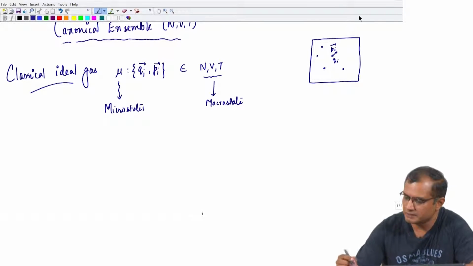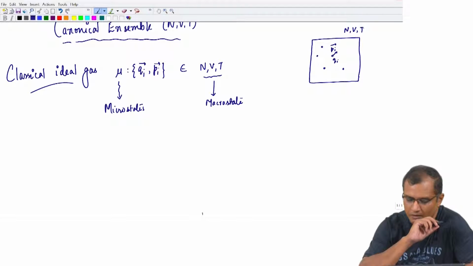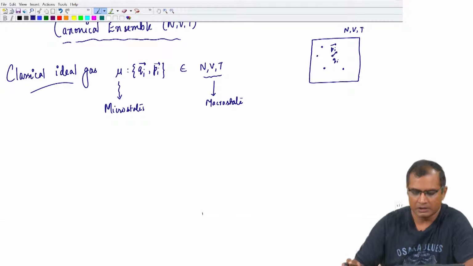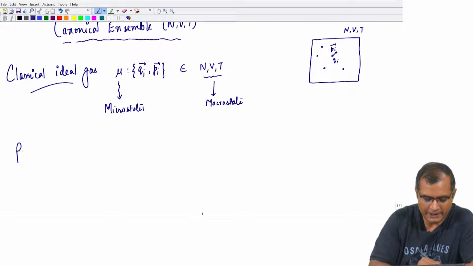So, this is a box of volume V, there are n particles in the box and it is in contact with a heat reservoir at temperature T, which means I can write down the probability density function.